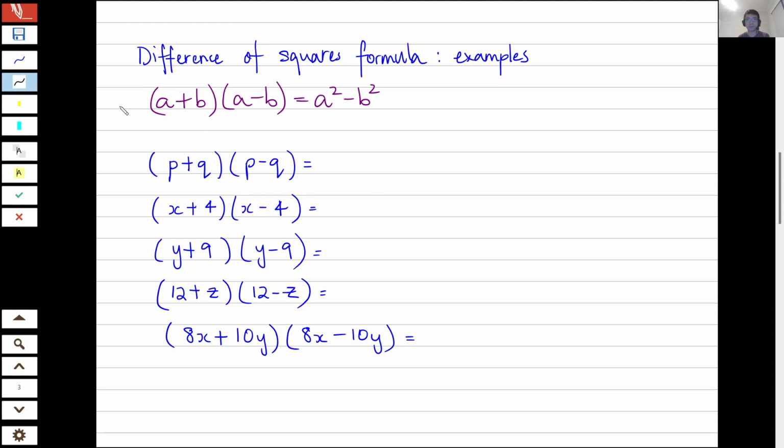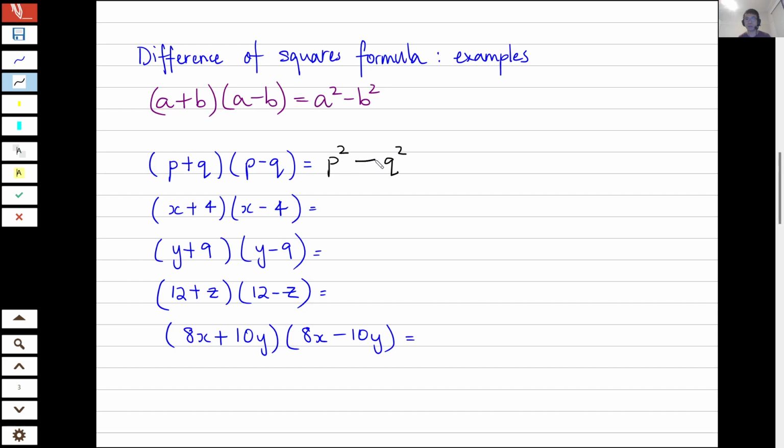For example, let's take this one, p plus q times p minus q. If I know that a plus b in brackets times a minus b in brackets gives me a squared minus b squared, when I expand p plus q times p minus q, I'm going to have the first number squared, it's giving me p squared, and then the second number q squared.